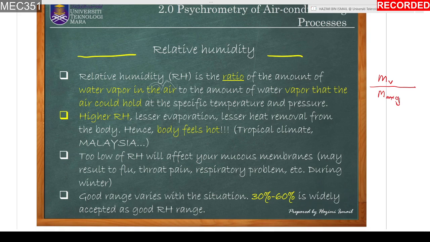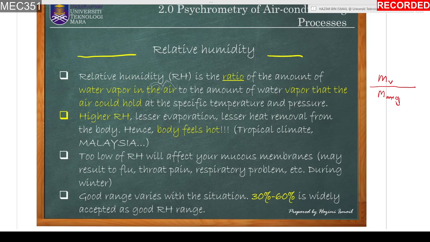So our heat from the body is quite harder to remove to the environment in the form of sweating. Peluh. Sebab tu peluh kita dekat negara tropika, dia melekat dekat kulit, penuh air. So jadi busuk badan kita kan.